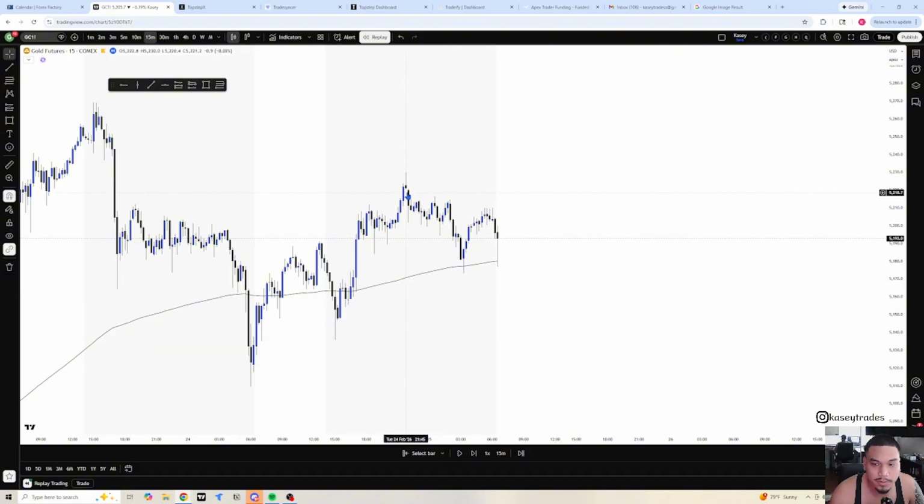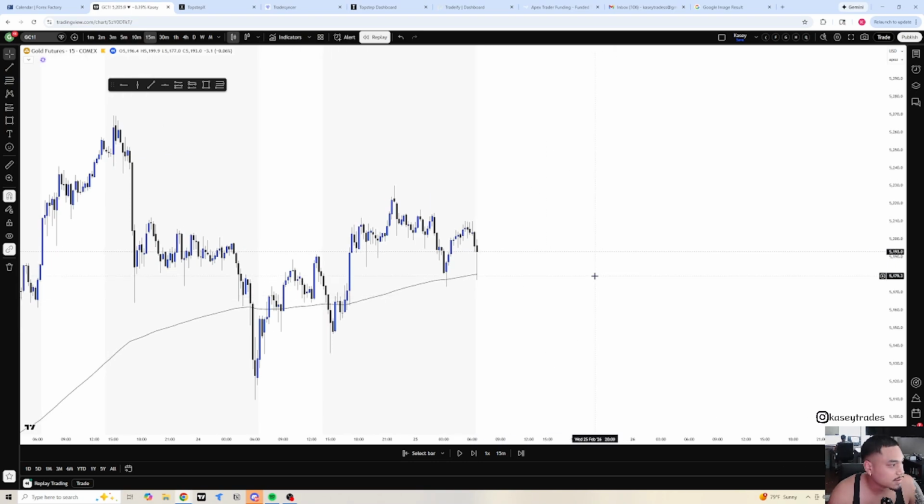So then it had another push up, push back down, another rejection, push up, push back down with another rejection. So that's the first thing I see. I'm like, all right, we're rejecting this major support level right here, also known as the 200 EMA that I use.